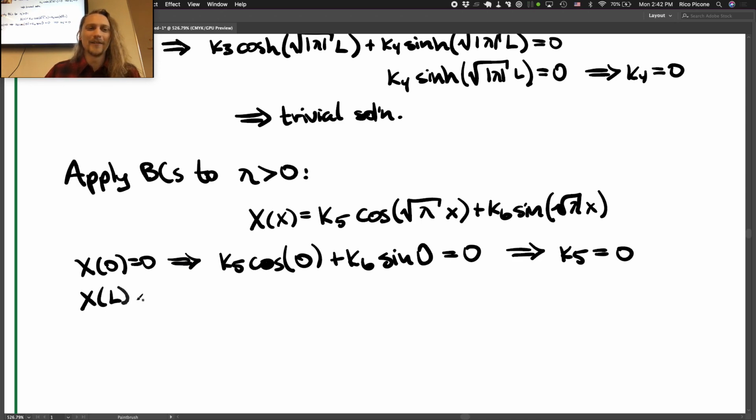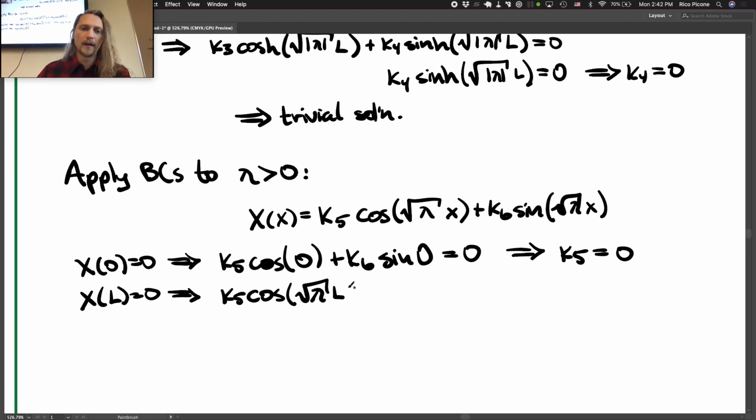So X of L equals 0 gives us that k5 cosine square root lambda L plus k6 sine square root lambda L equals 0. Now this term goes away because k5 is 0, right?